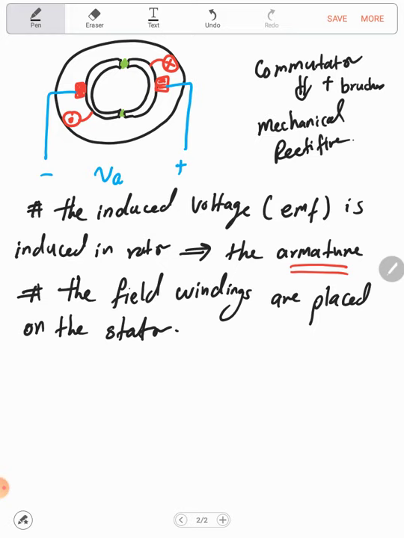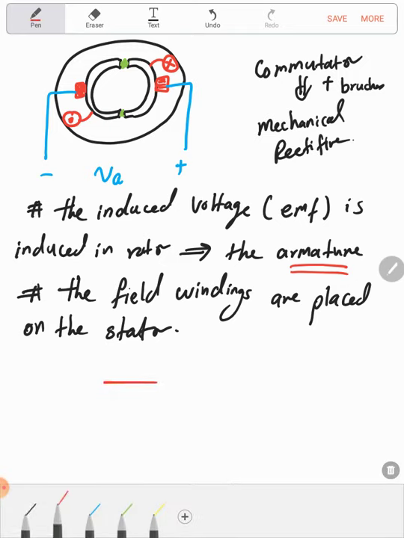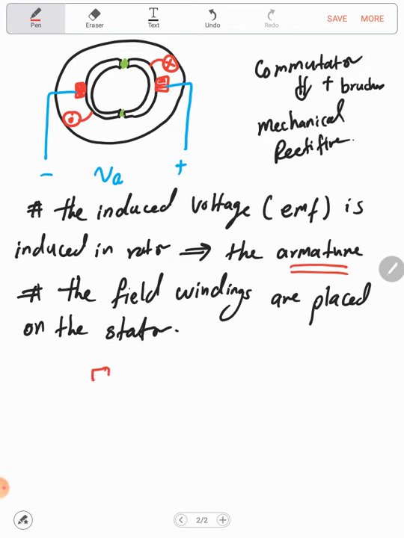So we can use our knowledge from the QD reference frame in order to generate the mathematical model. So here we can say these are the brushes.